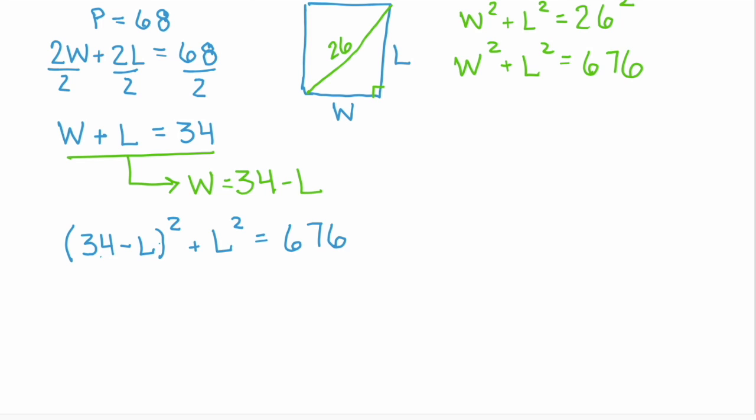If you need to, write this first binomial out twice and use FOIL. You should get 1,156 minus 68L plus L squared. Then we have plus the other L squared equals 676.